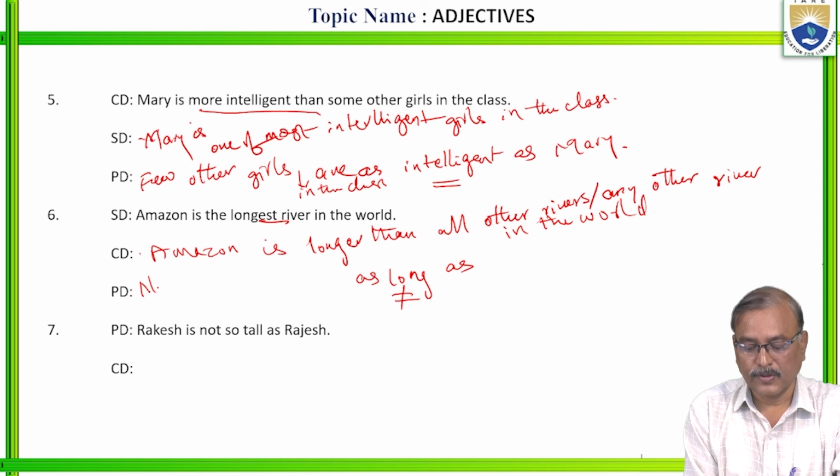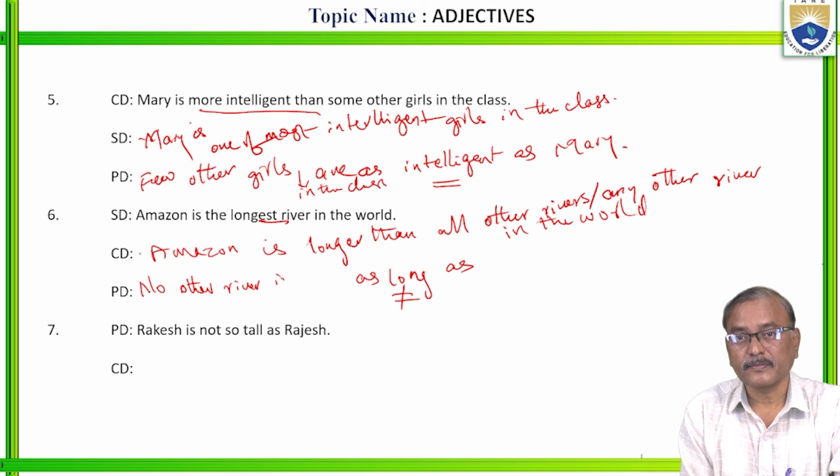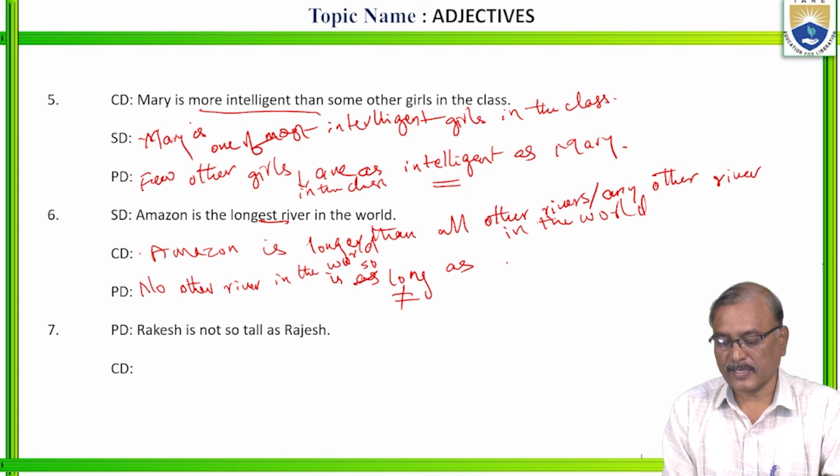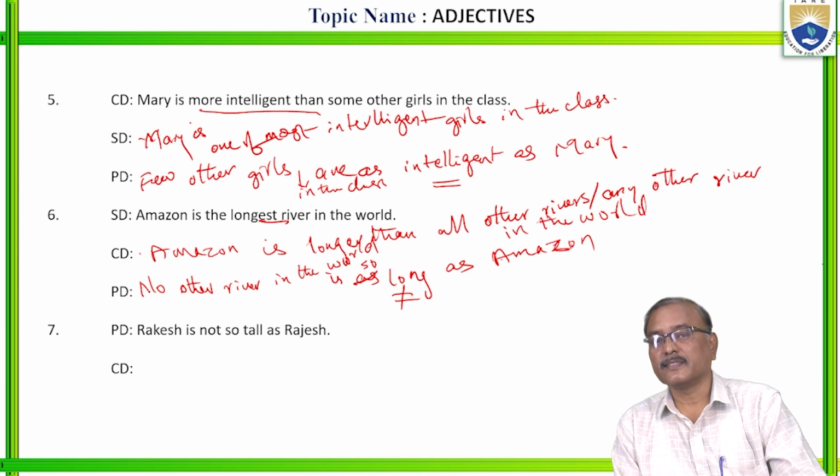So no other river in the world is, okay, so here, since it is no, keep so long as Amazon. Right? Next. Is it clear now?